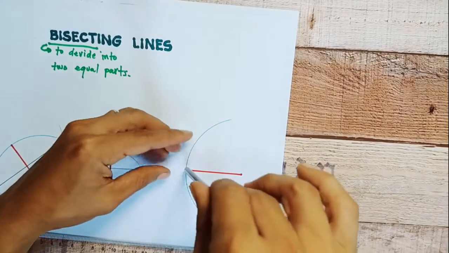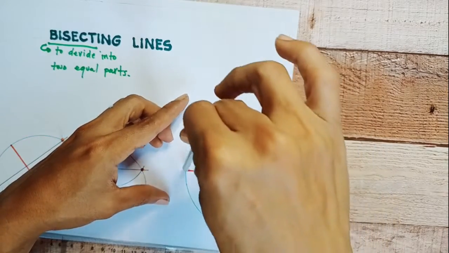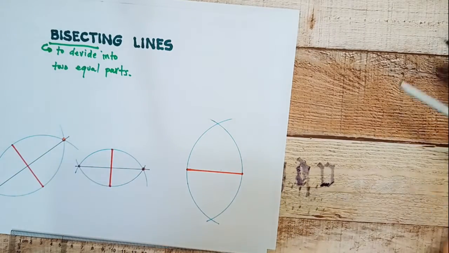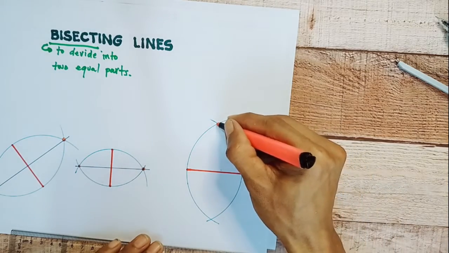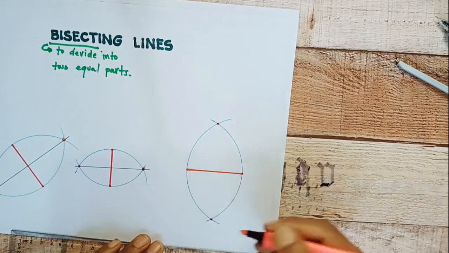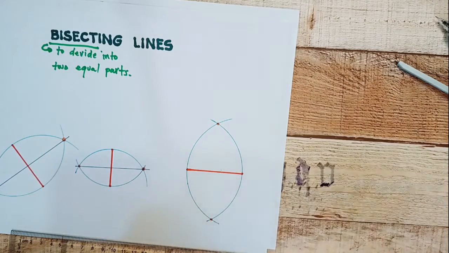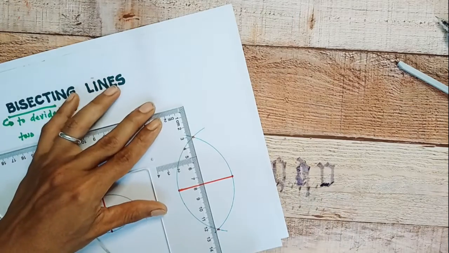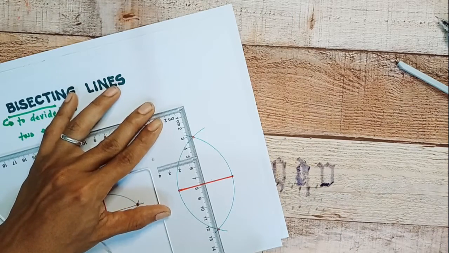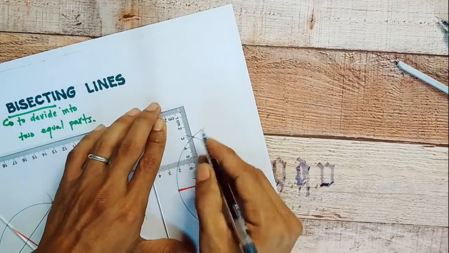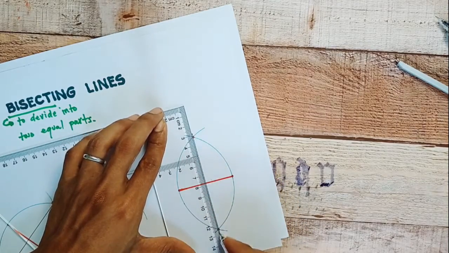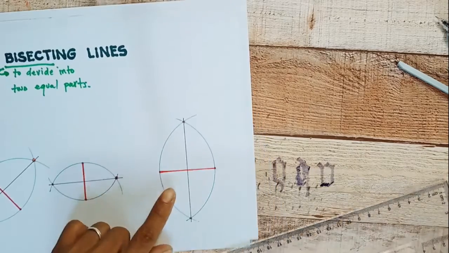Points of intersection, 1 and 2. Then let's just draw a line there like so. So that's how we bisect our lines.